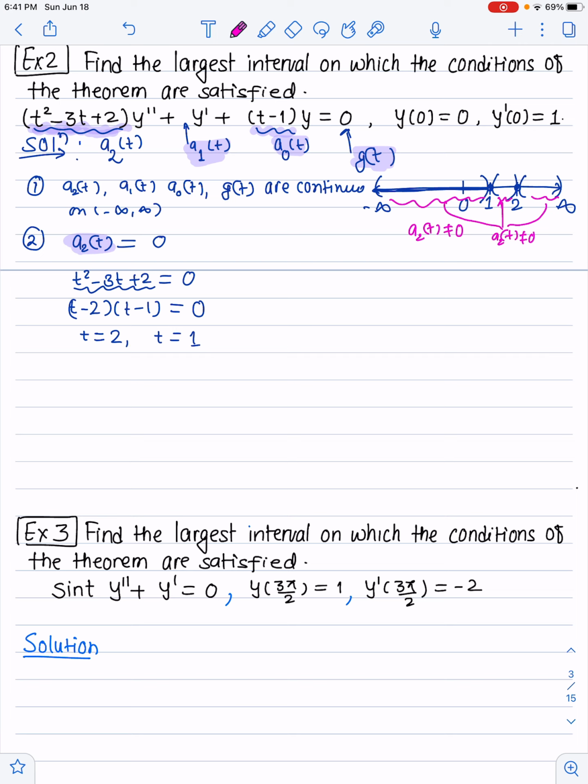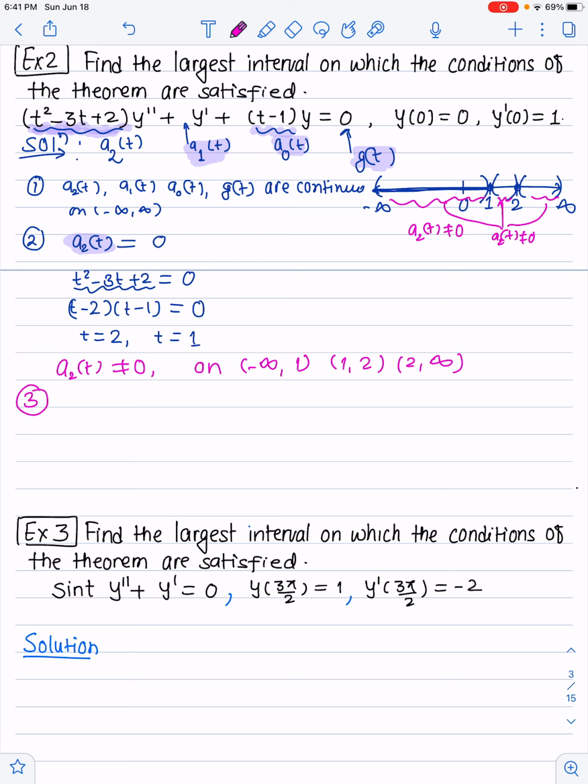Let me write it down: a2(t) will not be 0 on negative infinity to 1, 1 to 2, and 2 to infinity. So this is the second property.